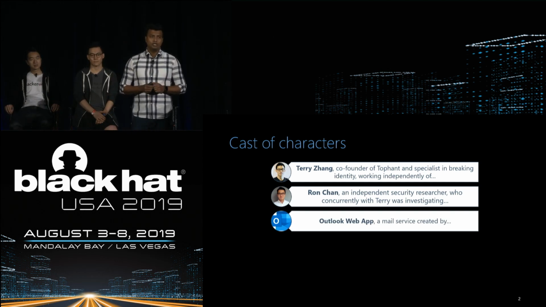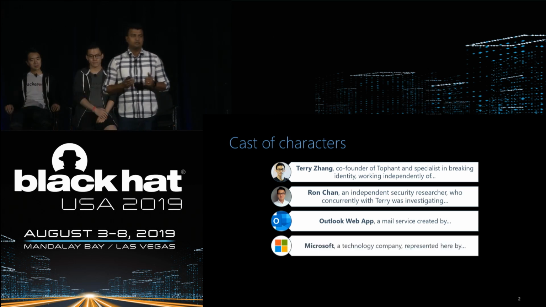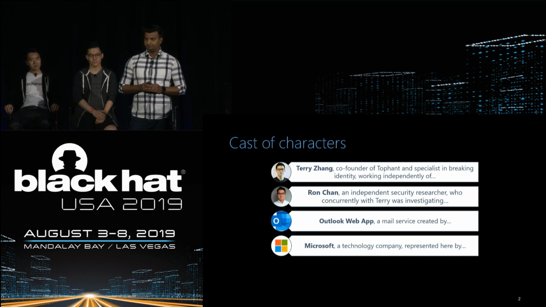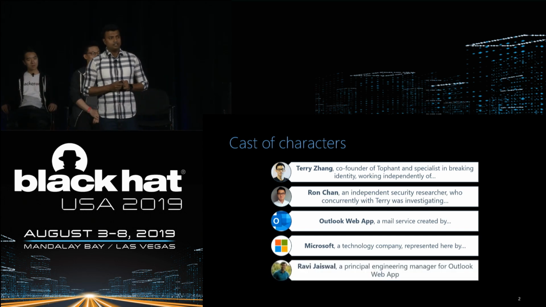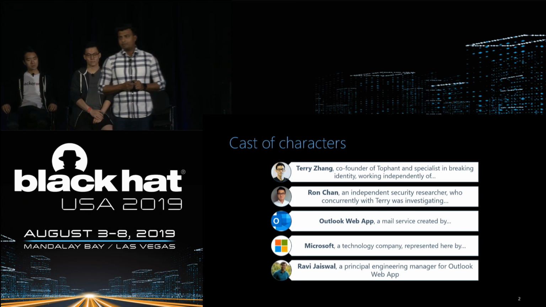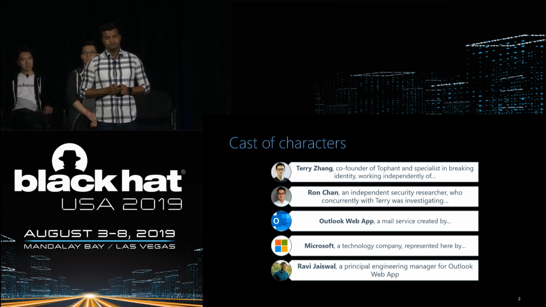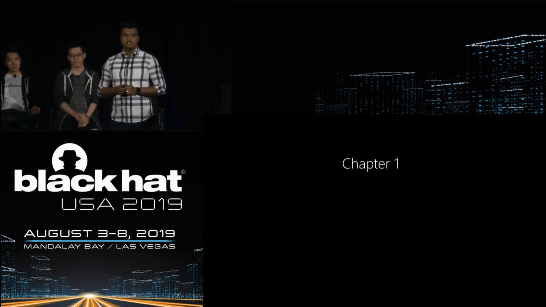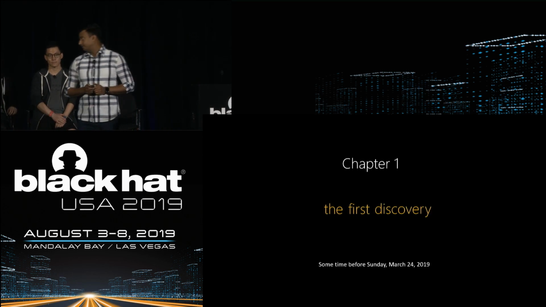As you all know, Outlook Web App, or OWA, is a mail service created by Microsoft, and it has billions of users all over the world. I'm Ravi Jaiswal, an engineering manager in Outlook Web App, with primary focus on authentication and security. So this story starts with a discovery, and to talk more about it, here is Terry.